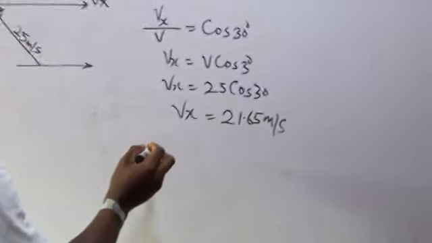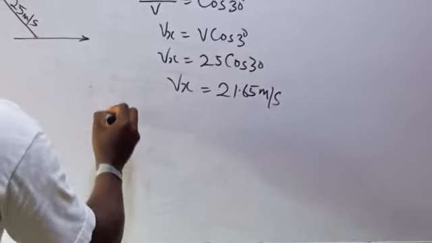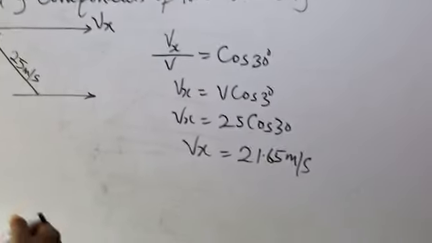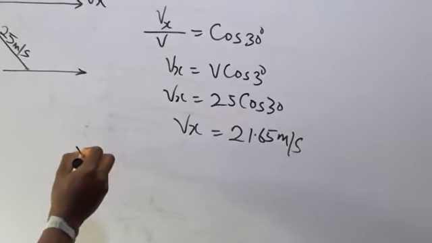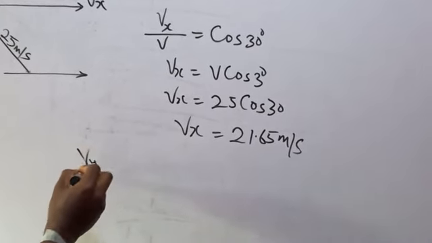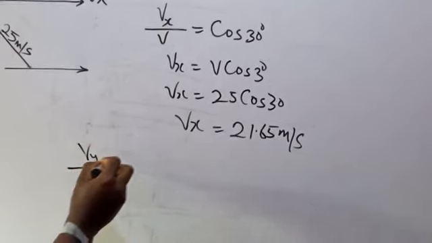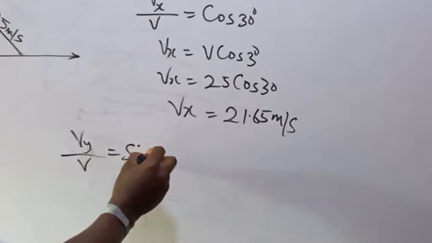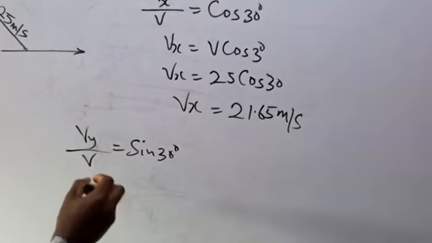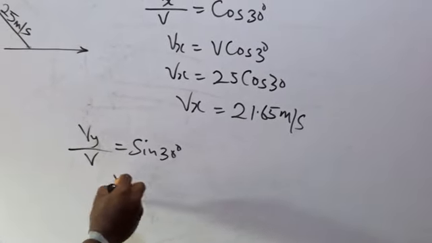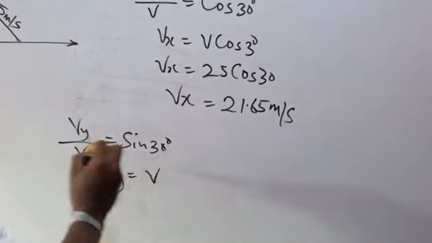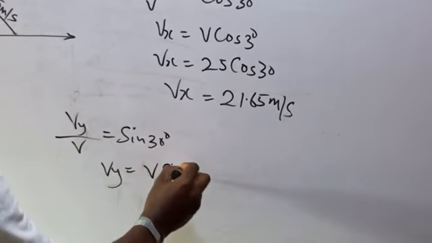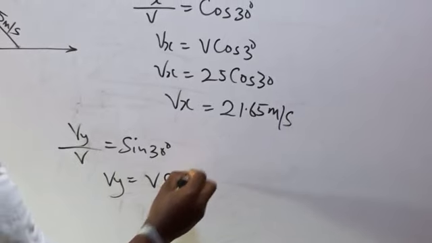Now for the y-axis, the velocity of the y-axis over the velocity of the swimmer is sine 30 degrees. Therefore, the velocity of the y-axis equals the velocity of the swimmer multiplied by sine 30 degrees.